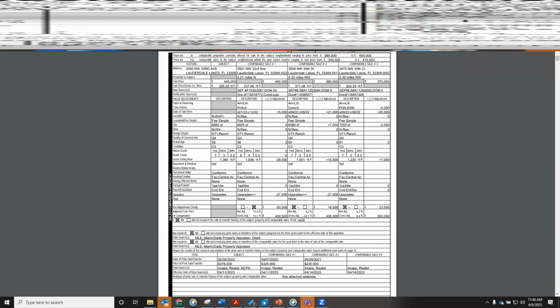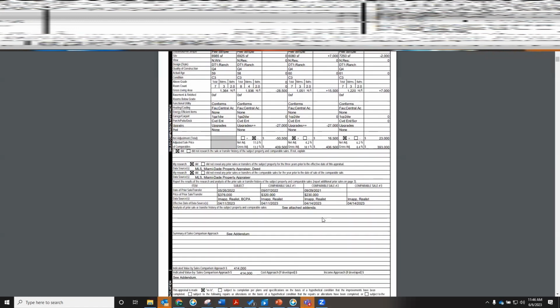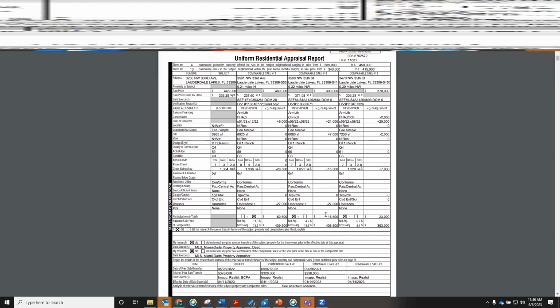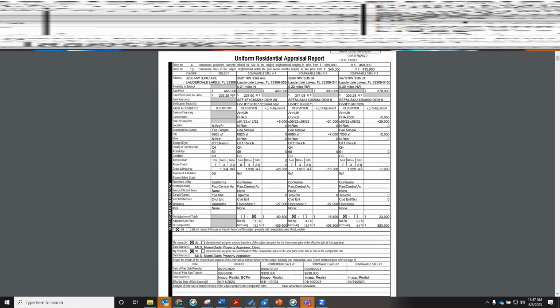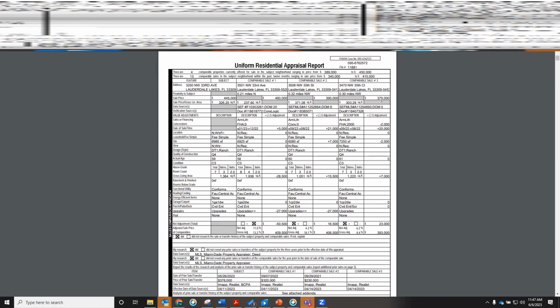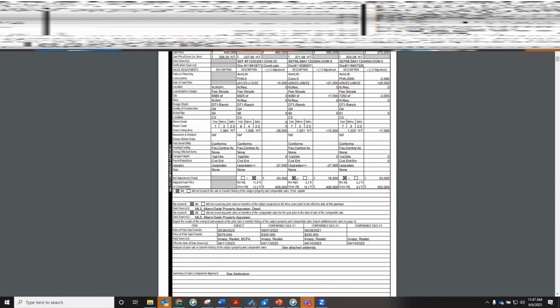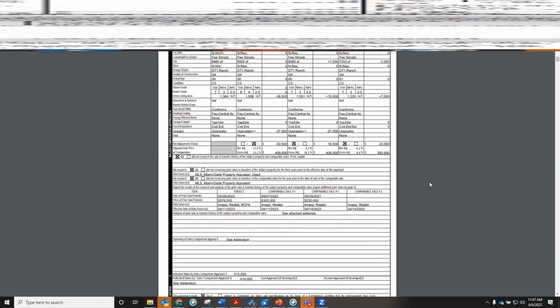So in this case, the appraiser actually helped us get to 414, because this should have been probably closer to about 400,000, give or take, because this one that was 0.32 miles away sold, oh, when was this appraisal done? 390, 370. In my opinion, we really don't have any business being at 414.